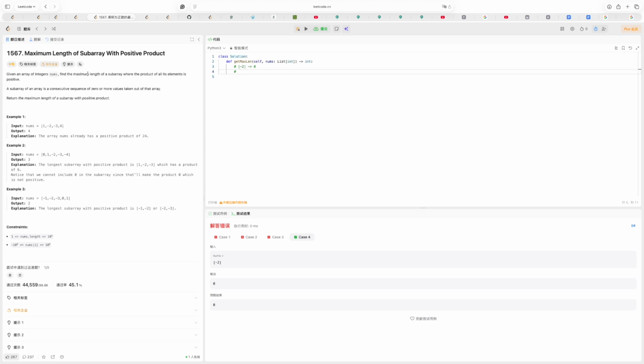So maybe let's look at the last element.